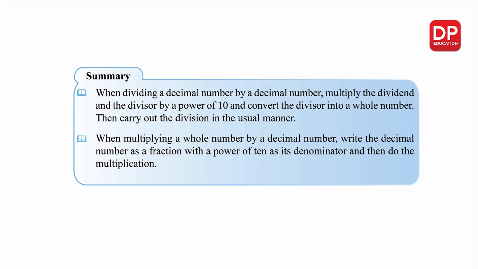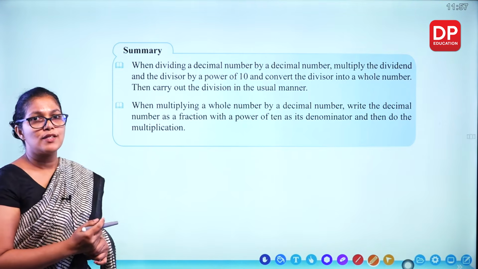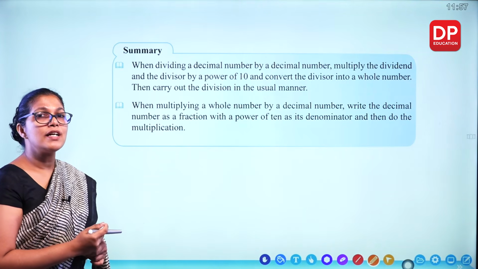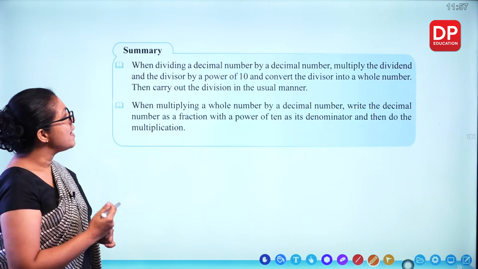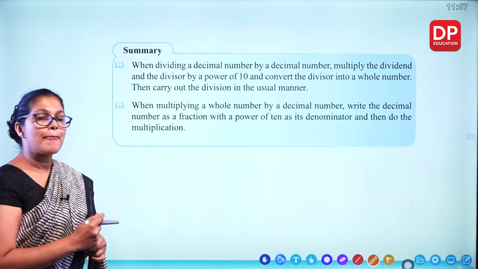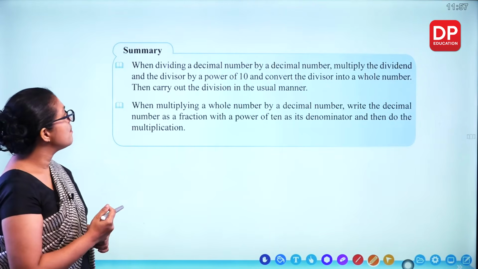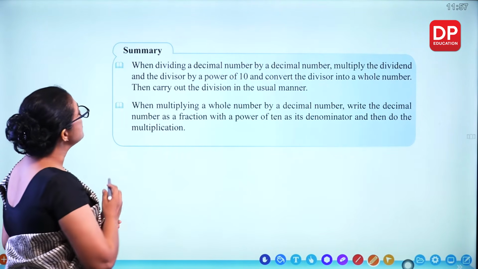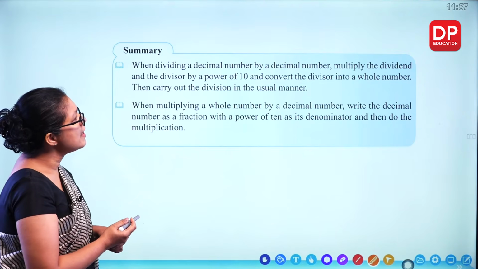We covered all theory related to decimals. So we did multiplication, division, and make sure that when you divide by a decimal, get rid of the decimal point. So what did we do when dividing a decimal number by a decimal number?